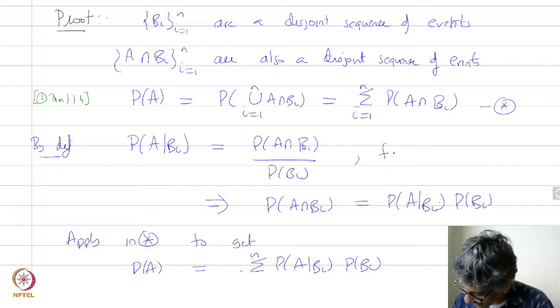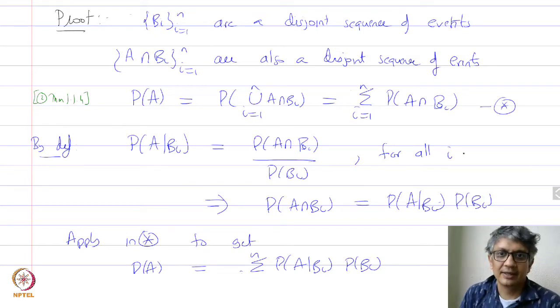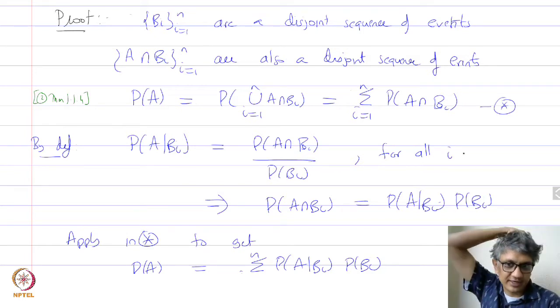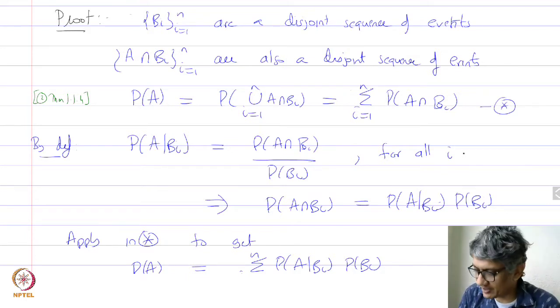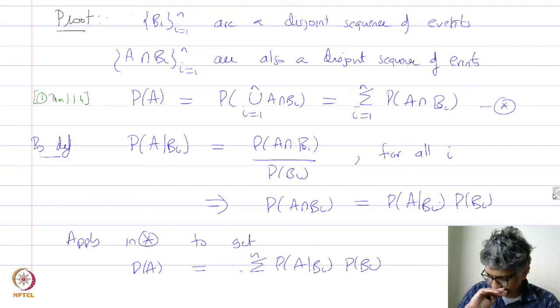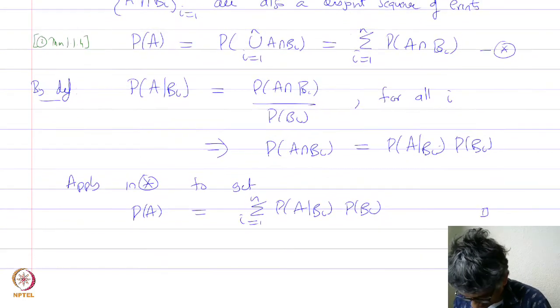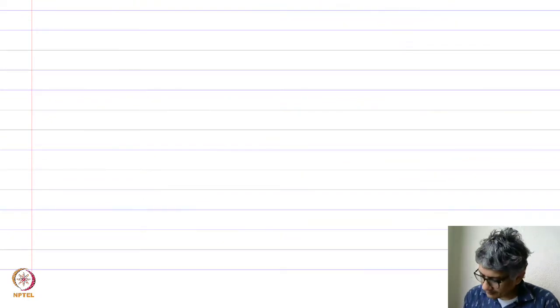So this is true for all i. So a simple idea: if you know conditional probability, you can recover the original probability as well, and vice versa. This is a kind of useful idea to have. Okay. So let me do an example to illustrate this idea.